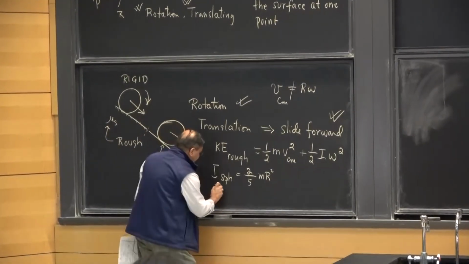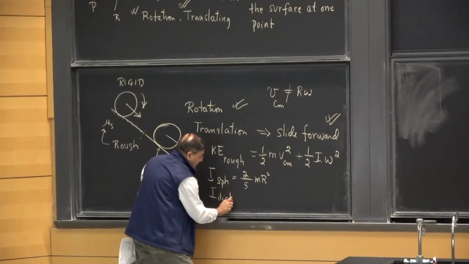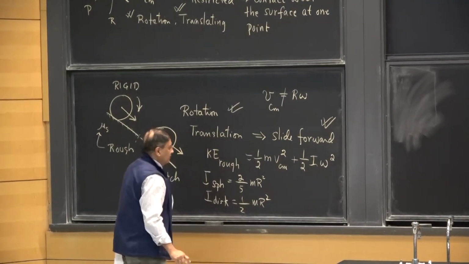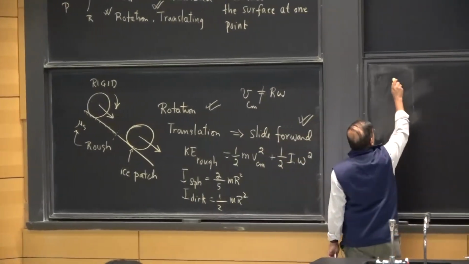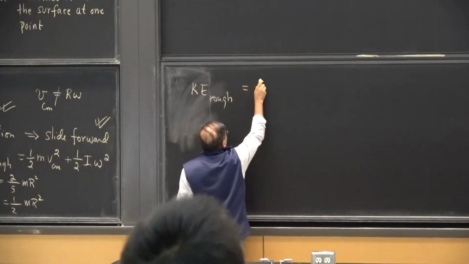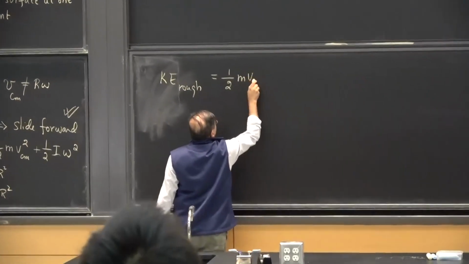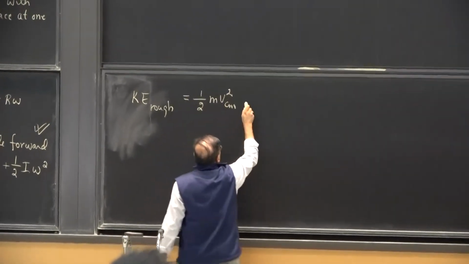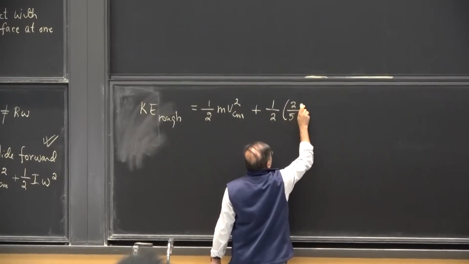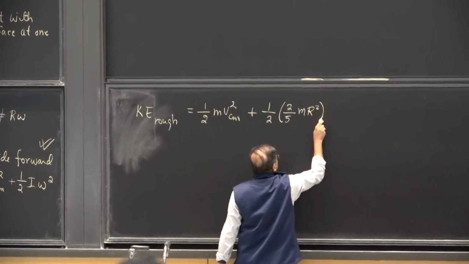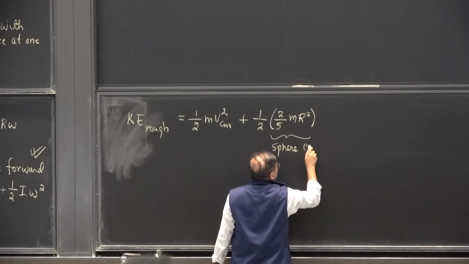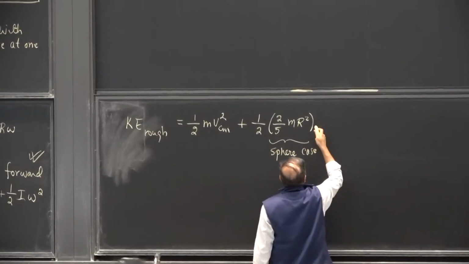And if I have a disk, for example, that's 1/2 m r squared. So we can check out whatever case we want. So the kinetic energy when you have a rough surface, for a sphere, is 1/2 m v center of mass squared plus 1/2 times 2/5 m r squared omega squared.